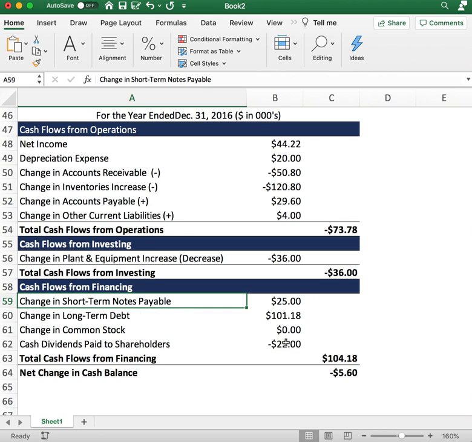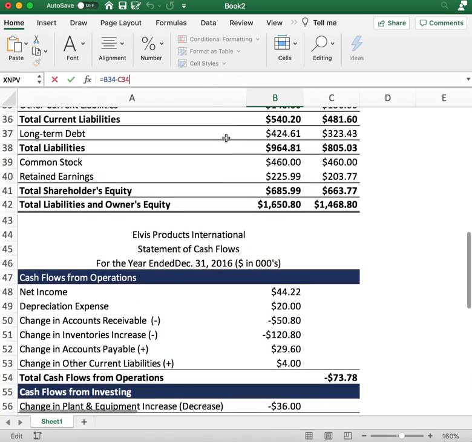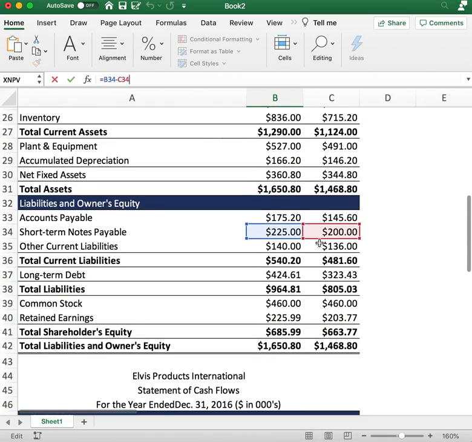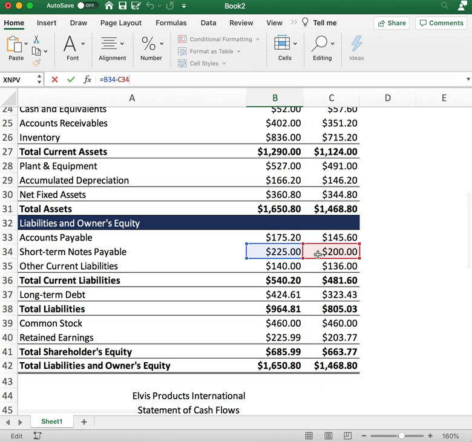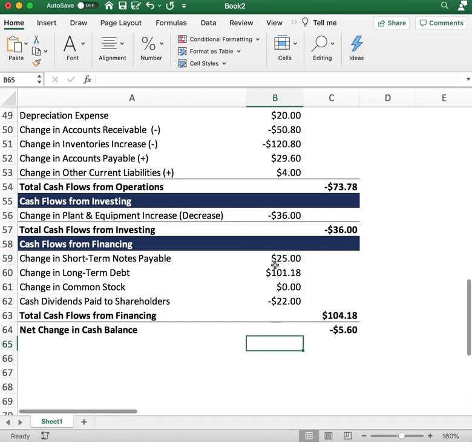So the company took on $25 of additional debt in notes, and you'll see that in the balance sheet again. So if you scroll up to the balance sheet, in 2015, the company had $200 of note payables, which the company is liable for. And in 2016, the company increased its note payables to $225, so $25 increase. And again, think of it like a credit card charge where we got cash.